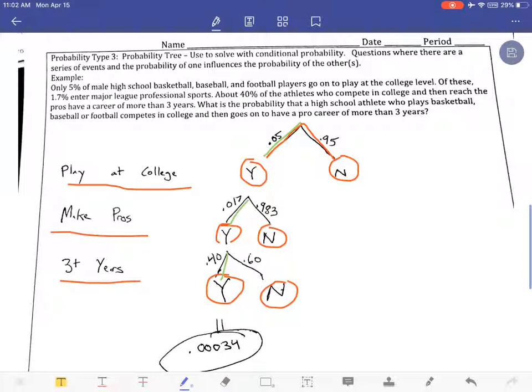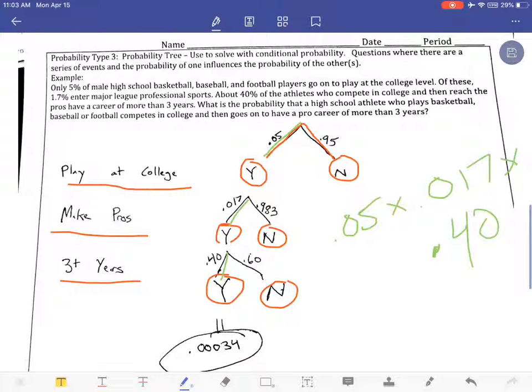And anytime you're at the end of a branch like this, to find that probability, you just multiply them together. So you do 0.05 times 0.017 times 0.40, and that gives us 0.00034.